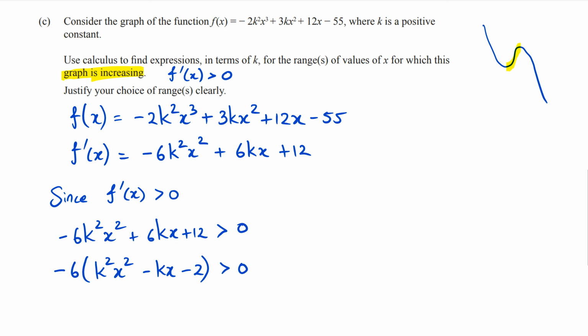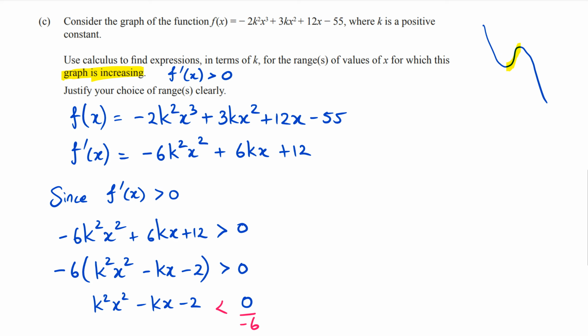And I guess this part is the really important part, all right? You want to get rid of that -6, so you want to take the negative 6 to the other side. So you want to go 0 divided by negative 6. So then you're going to get k squared x squared minus kx minus 2. And because we are dividing by a negative 6 here, the symbol has to change this way.